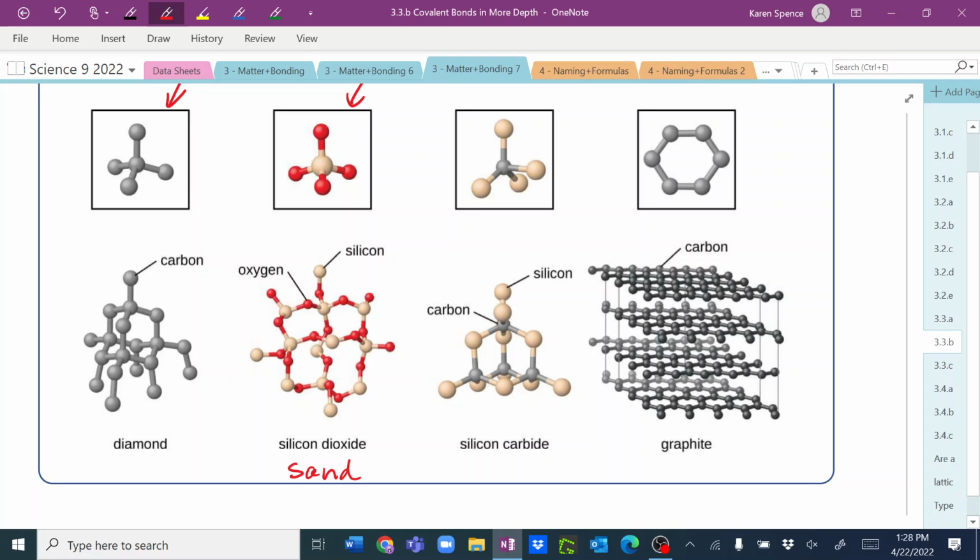We have the sheets in which there are the covalent bonds between the carbon atoms.